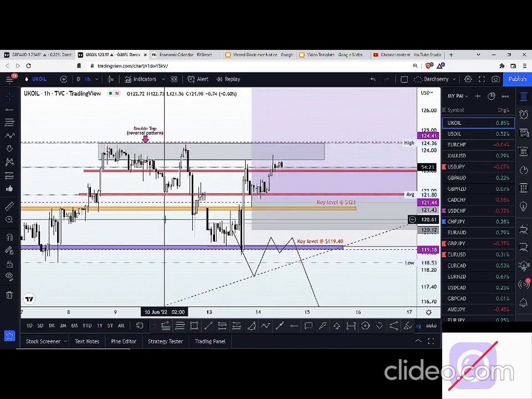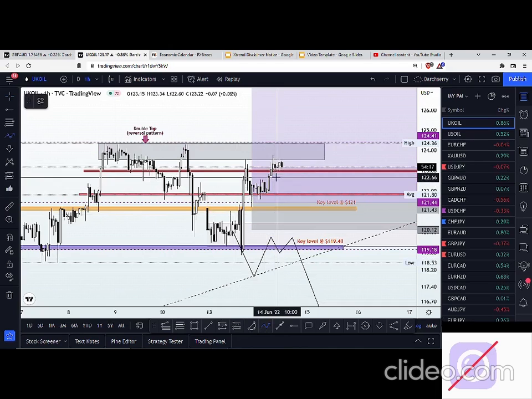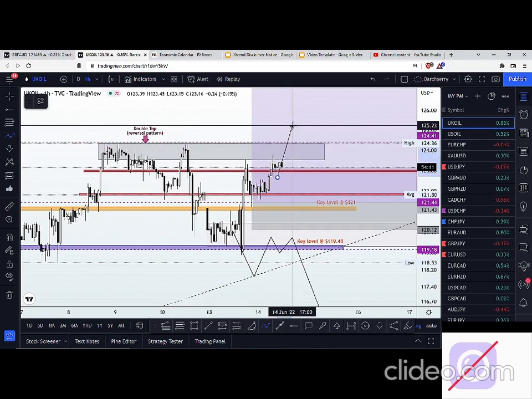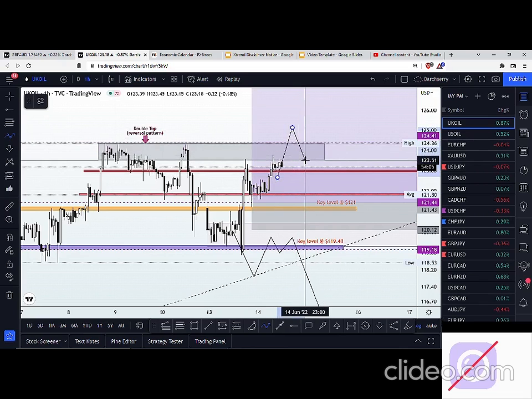Now, going into the New York session, I'm expecting that with the bullish momentum that began this week, we should see price break out of that selling niche. If we see a breakout of that selling niche, then we look forward to a retest of structure and look for patterns that support a trend continuation to the upside.